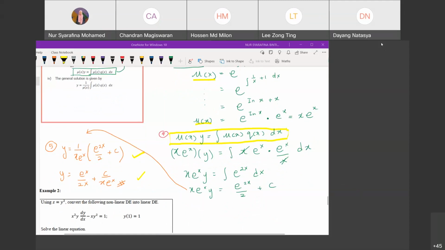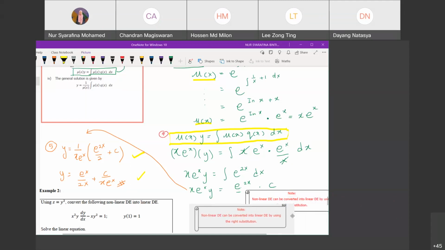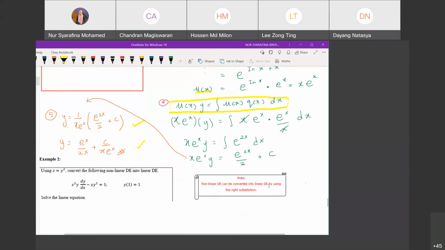Okay, you can refer to the notes, where a non-linear DE can be converted into linear by using the right substitution.